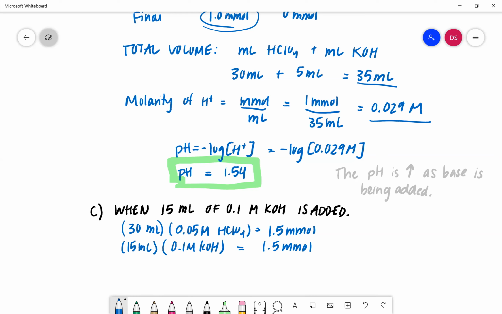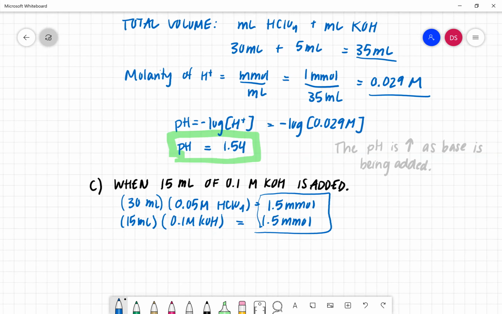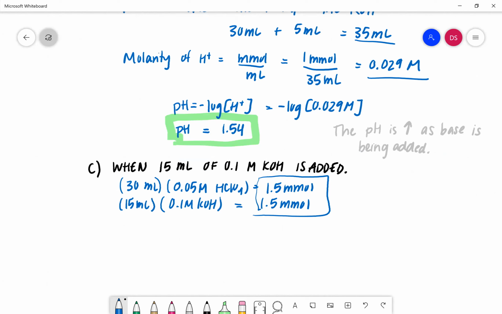Now what I want you to notice is that these amounts are the same. So the amount of acid is equal to the amount of the hydroxide ion.